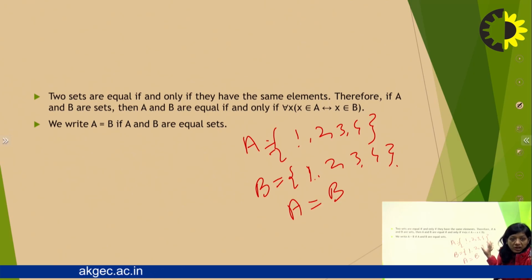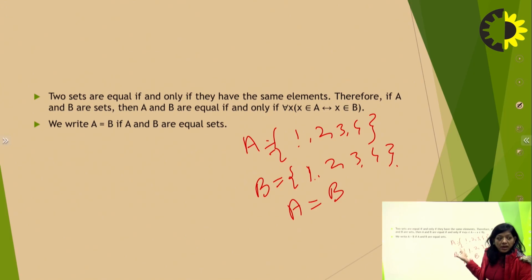The members of A and B are both the same. Then we can say A is equal to B, which means A and B are equal sets. This is the definition of equal sets: if the elements of both sets are equal, then we can say that both sets are equal.